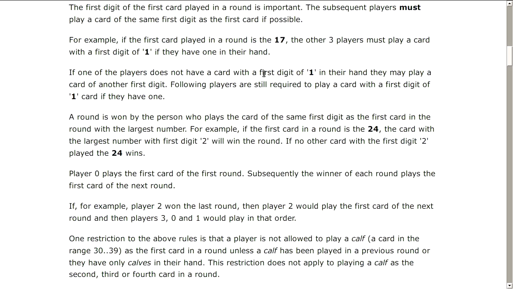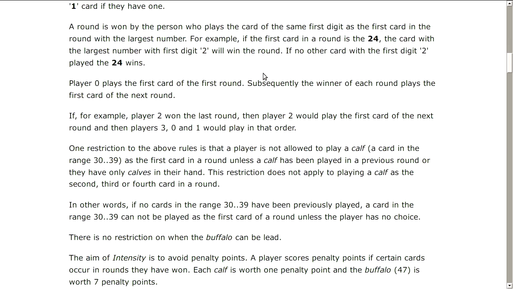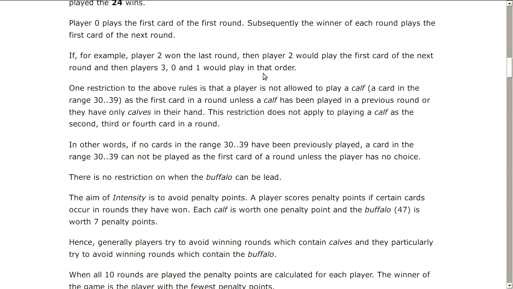So how do you not score 0? Well, if you have any cards of the calf set, the cards 3-0 through 3-9, then you will take a penalty. You will take points. If you play 4-7, you take a penalty, and that penalty is 7 points.